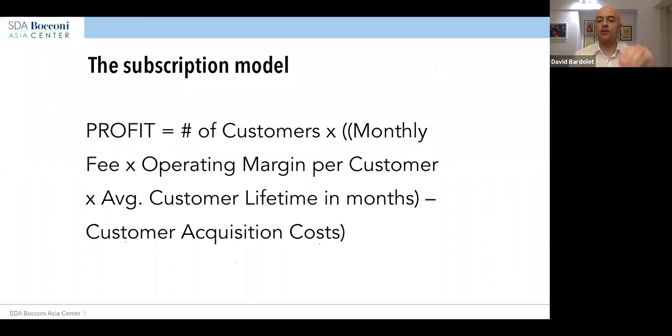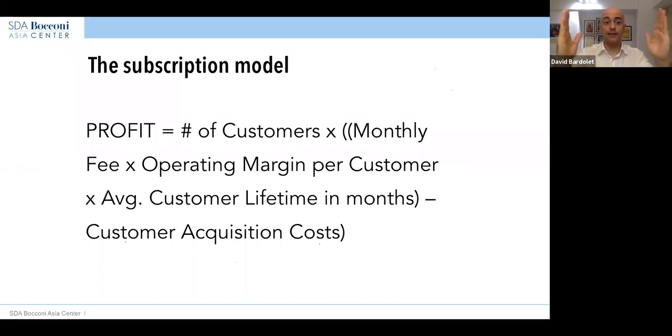And average customer lifetime in months, if we use the monthly fee. That is, how many months does the average subscriber stay with us before leaving? People subscribe and then unsubscribe. So in that space between the subscription moment and the unsubscription moment, we are making money out of that person. Before and after, we are not. Clear?